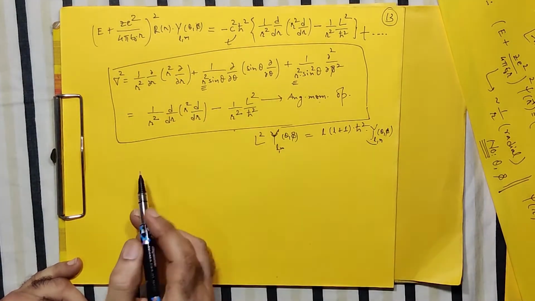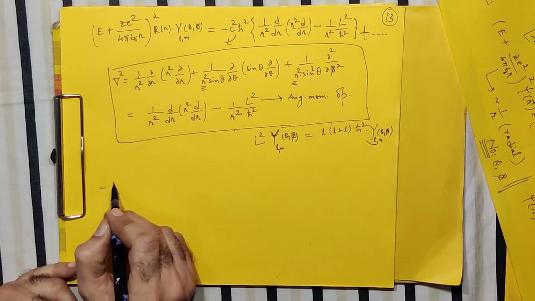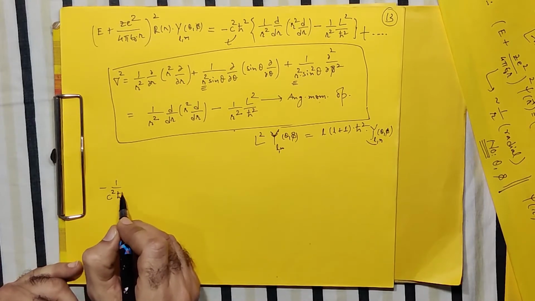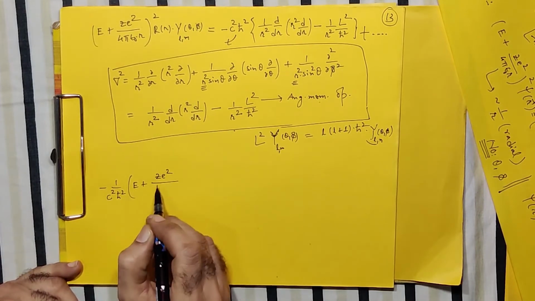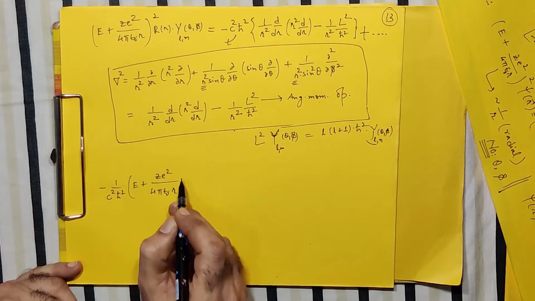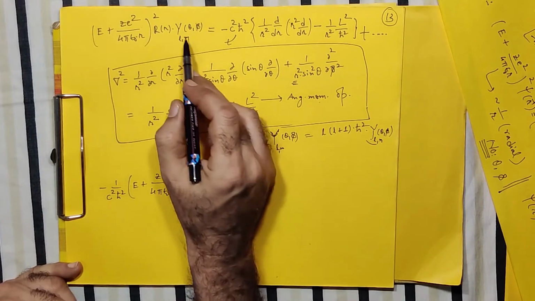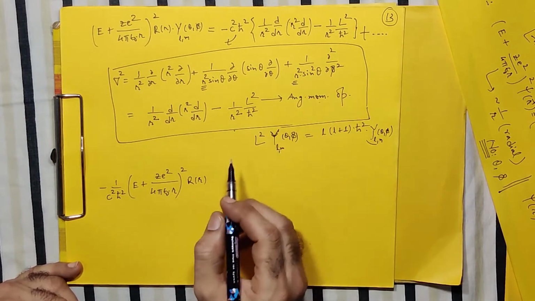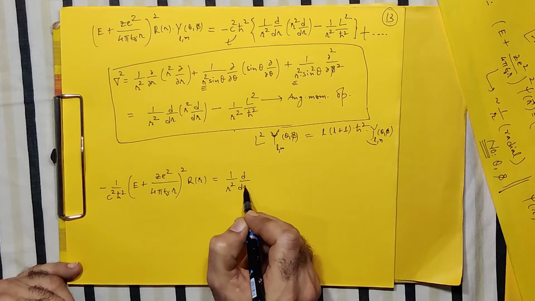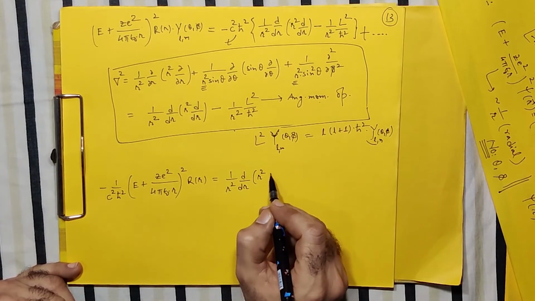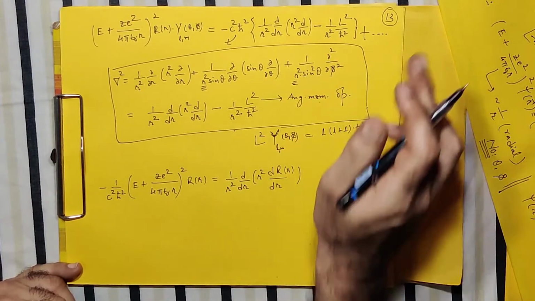So what I'll get: this c square h cut square which I have taken on the left side along with the minus sign, so what I have is 1 by c square h cut square, this part will be as it is, E plus z square upon 4 pi epsilon 0 r whole square, and as I've said, the Y_lm(theta, phi) part will be cancelled out from both sides. What I'm writing is this 1 by r square d by dr r square, and now this d of R by dr, and Y_lm(theta, phi) is gone.